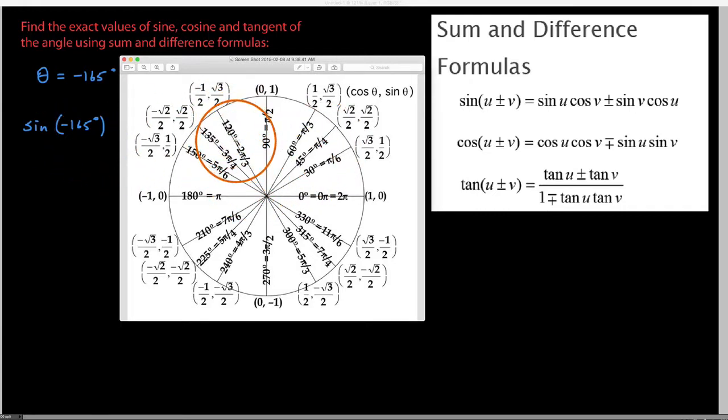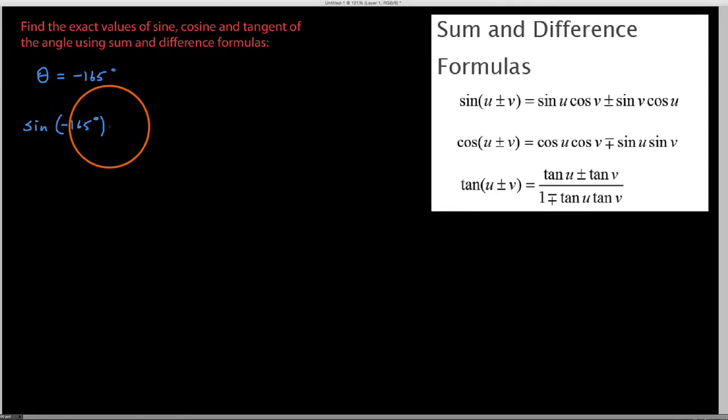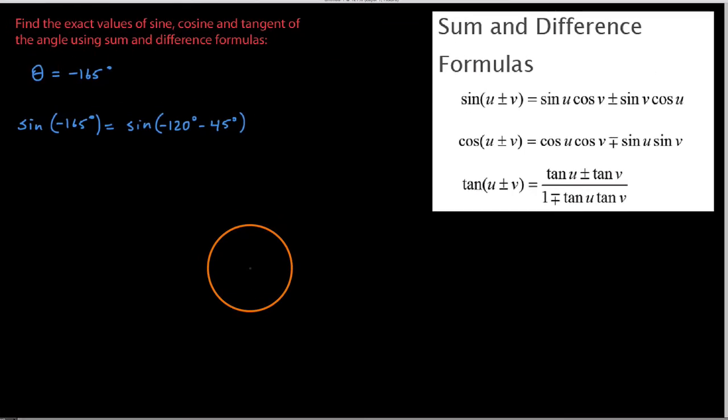So in this particular case, we could say negative 120, take away 45 degrees, and we would still be dealing with something where we could compose this negative 165. So if I wanted to find the sine of this, we could instead do negative 120 degrees, taking away 45 degrees right here. We shall do the same thing for our cosine of negative 165 and our tangent of negative 165 as well.